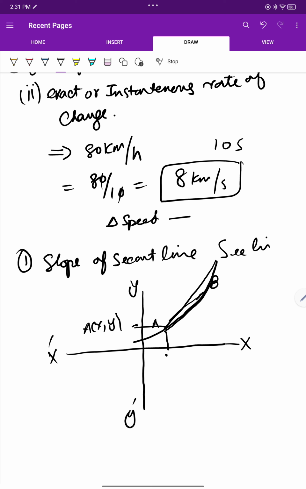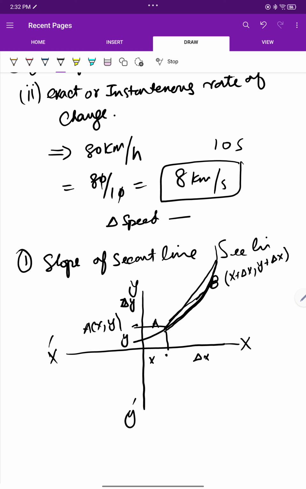So if this is x, this is del x. If this is y, then this is del y. So the B has point x plus del x, y plus del y. So these are the 2 points. It's a secant line to the curve.